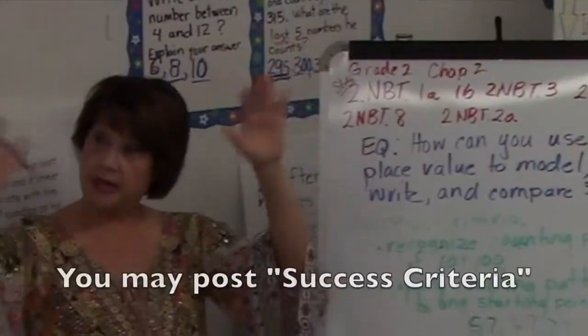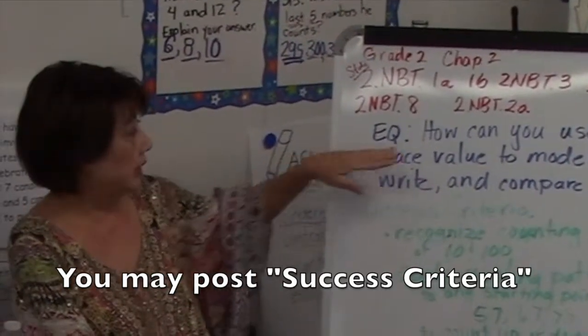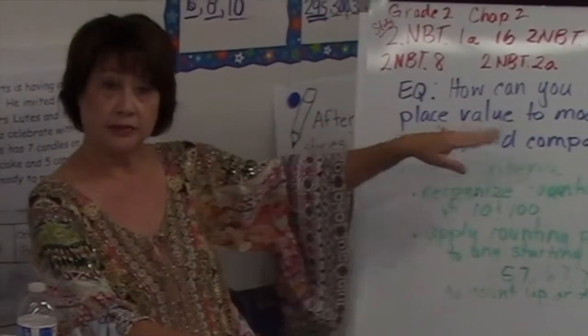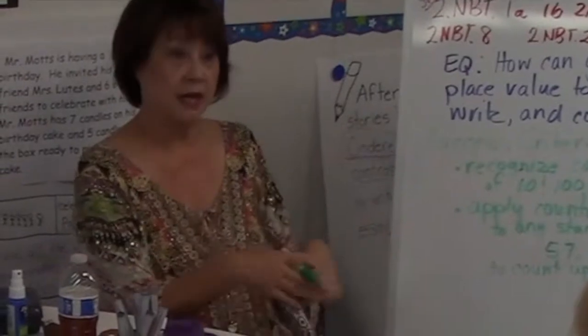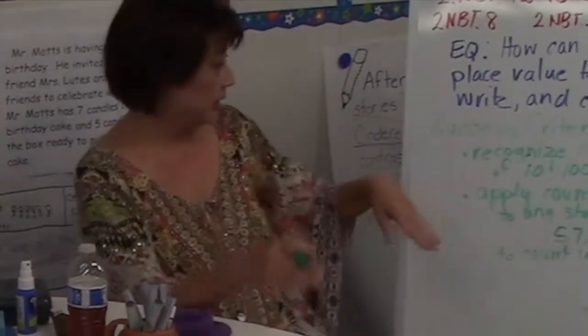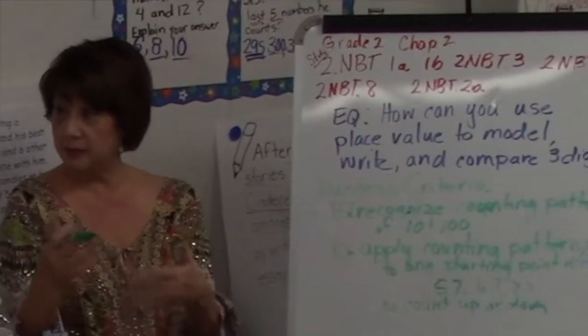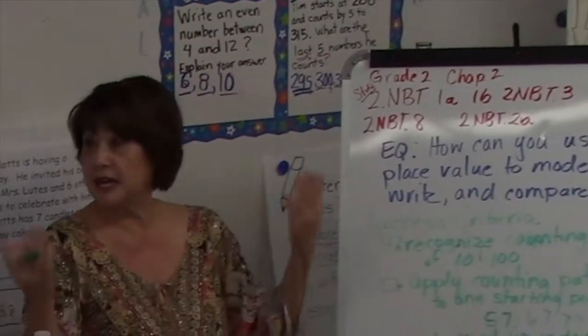You might have on your math wall: boys and girls, in this next chapter, we're going to be working on how we can use place value to model, write, and compare 3-digit numbers. We're going to be working on it for the next 3 weeks. By the end of the 3rd week, you will be able to do this. It doesn't really have to be posted, nobody's saying it has to be posted, it's just, some people like to have it posted.